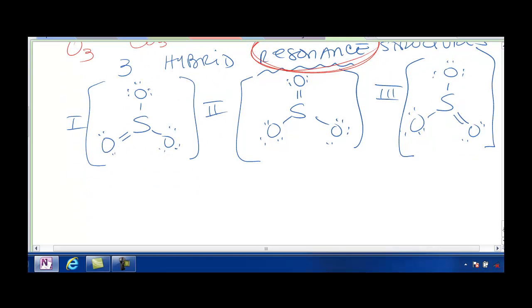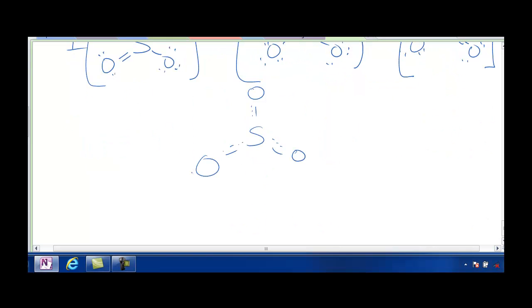I can ask you, does SO3, or I give you a bunch of compounds, and which ones of the following have resonance? So you do Lewis of all of them and find out which one has this type of pattern. Okay, so I really have a double bond and 2 singles. I have kind of like a double bond moving from oxygen 1 to oxygen 2 to oxygen 3.